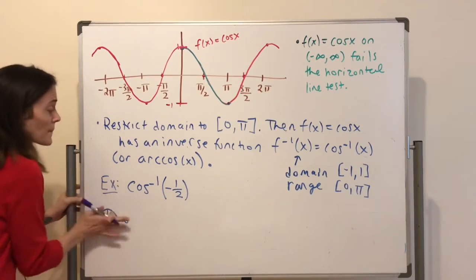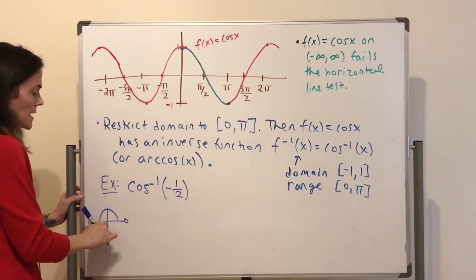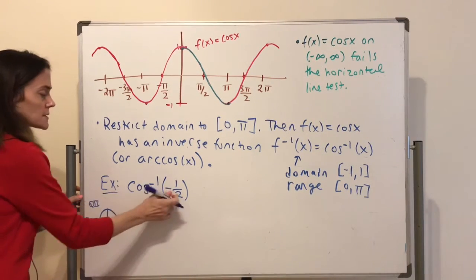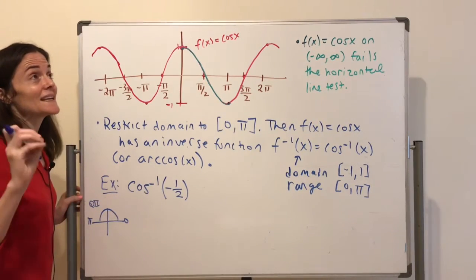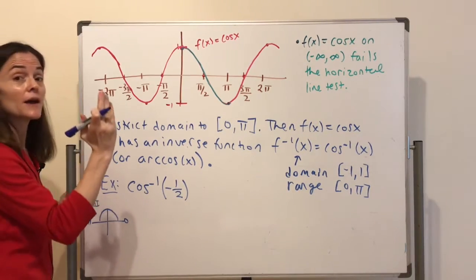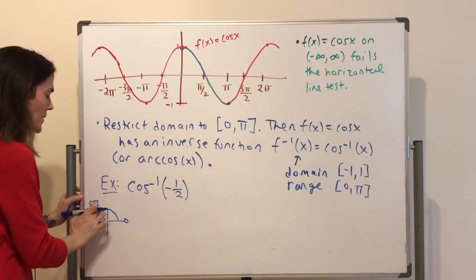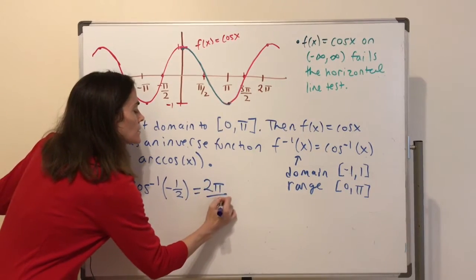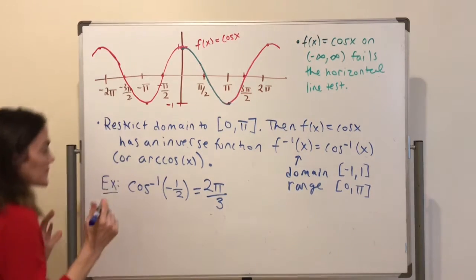So we're somewhere up here, and the cosine is -1/2. Well, you will be in quadrant 2 because the cosine's negative. And the reference angle, cosine is 1/2 at pi/3. So the reference angle is pi/3. It would be pi minus pi/3, or 2 pi/3.